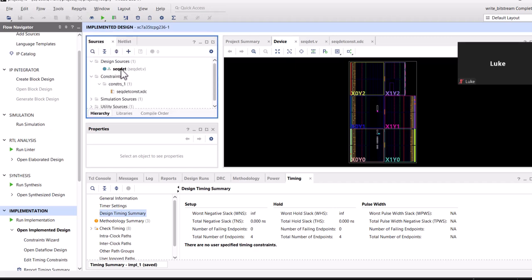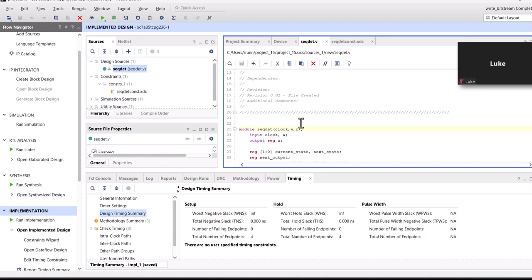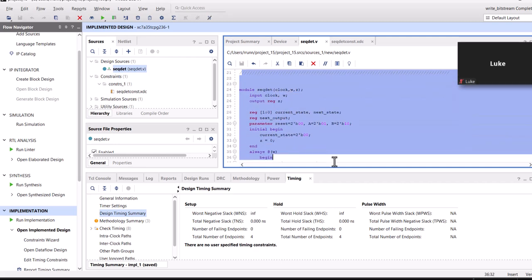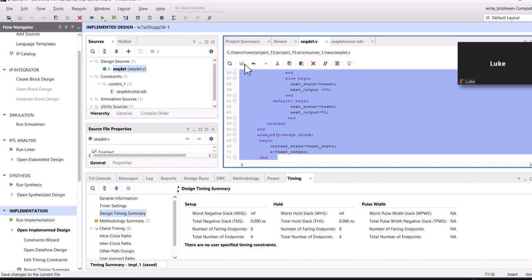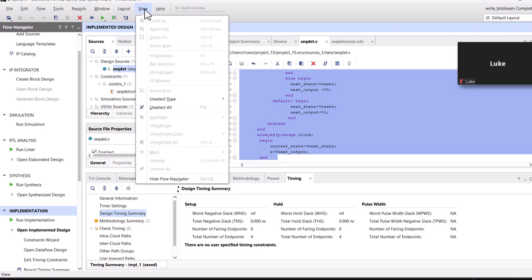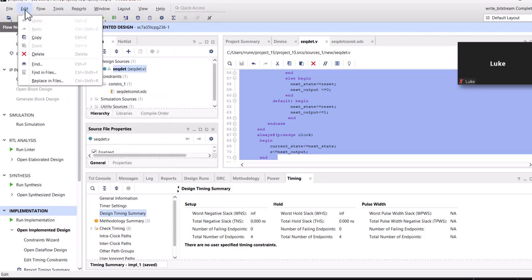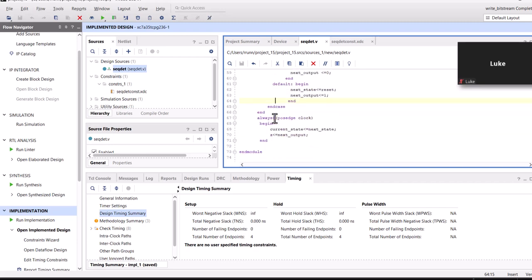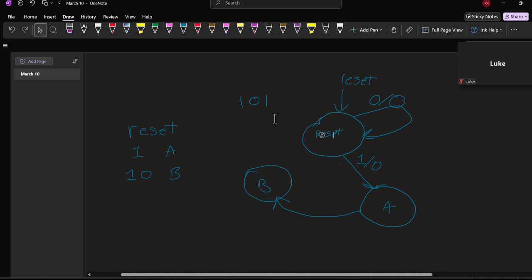Yeah, I called it reset, A, and B. I remember there was a way I found to increase this font size, but I don't remember the way. Okay, yeah, so I just called it reset instead of A, B, and C.